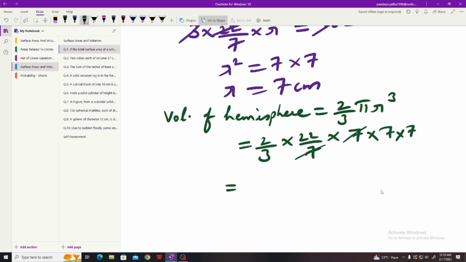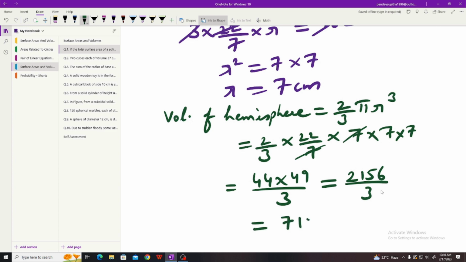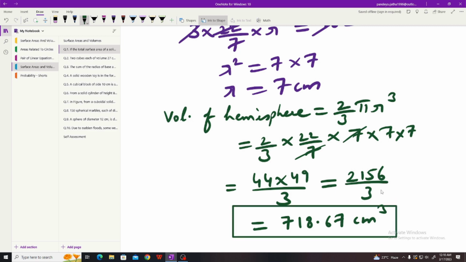So we get here 44 into 49 upon 3. When you multiply 44 into 49, you get the value as 2156 upon 3. Divide and write the answer. You'll get 718.67 centimeter cube. So this is the volume of a hemisphere.